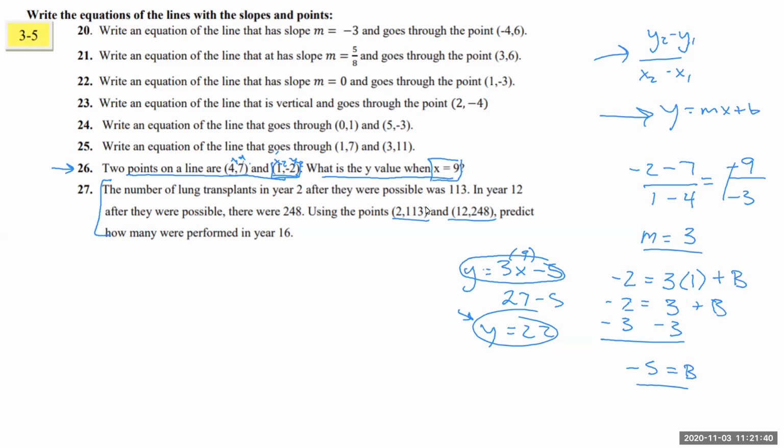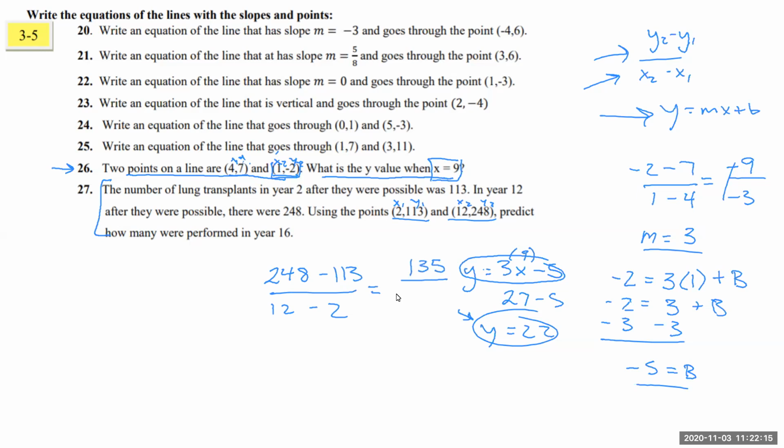So let's start this out. I'm going to label it x1, y1, x2, y2. And then let's plug that into, of course, the y2 minus y1 formula. So you got 248 minus 113, and then we're going to have 12 minus 2 on the bottom. So then on top here, that should give us a 5 here, a 3 here, and a 1.